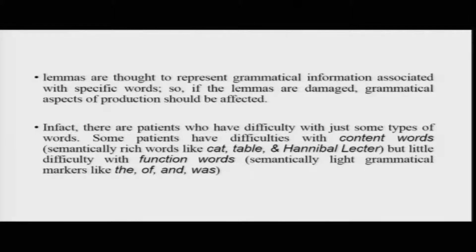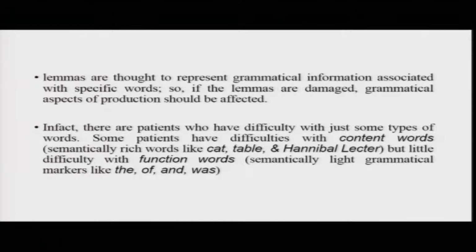If lemmas are thought to represent grammatical information associated with specific words, then if the lemmas are damaged, grammatical aspects of production, both in writing and reading, should be damaged. In fact, there are patients who have difficulty with just some types of words. That is one source of evidence. Some patients have difficulty with content words but little difficulty with function words.